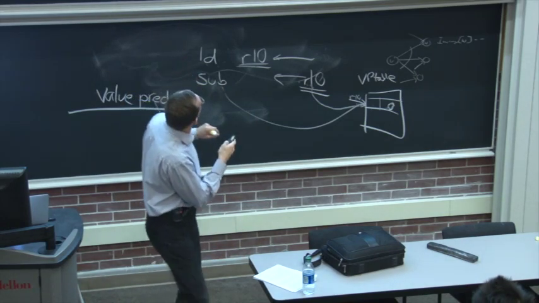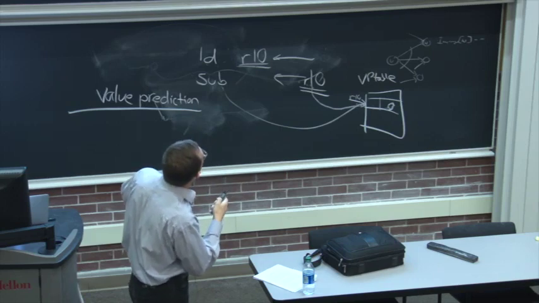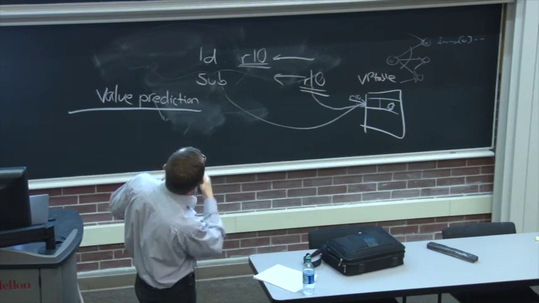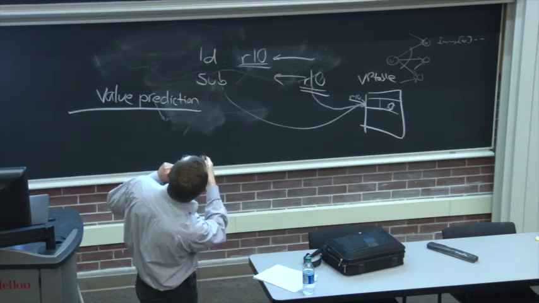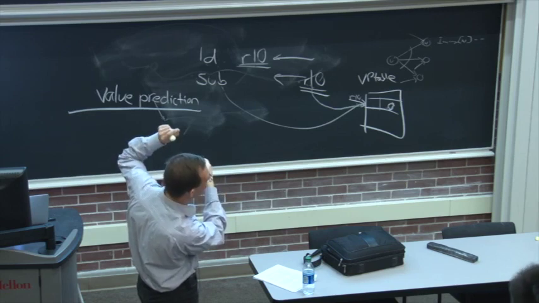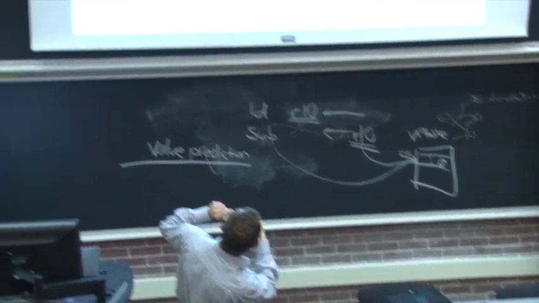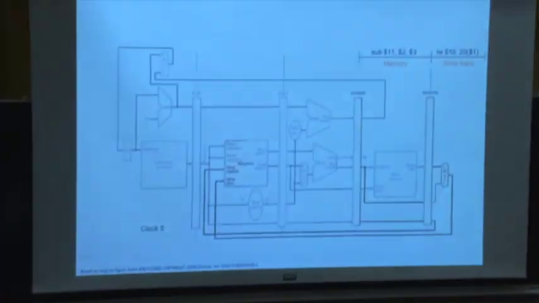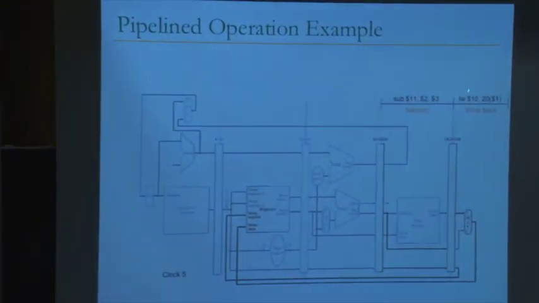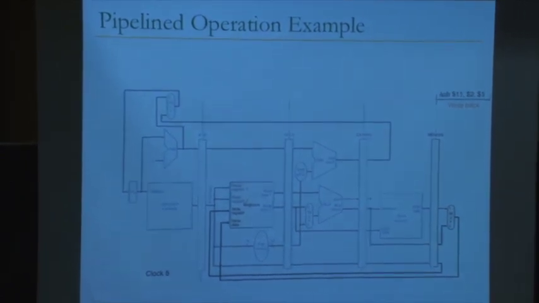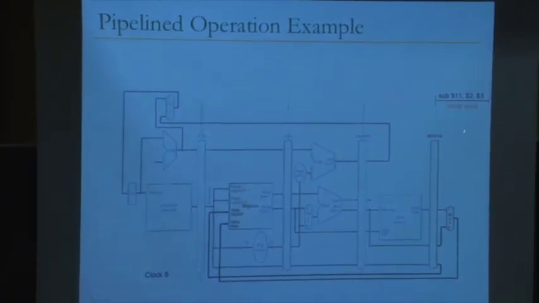Remember, and you can imagine how to implement this. We're not going to go into detail, but now this load is executed, subtract figures out that R10, it's sourcing R10, is 0, or predicted to be 0. Subtract keeps executing. And when this load actually finishes, writes into R10, at this point, subtract checks whether R10 was actually 0 before it writes back its result. If it is 0, everything is great.